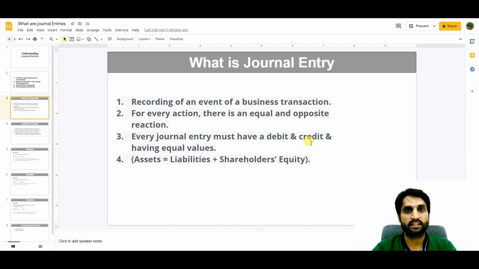One side of the transaction goes on debit and one on credit, and both should have equal values. There is also the accounting equation which we need to consider: assets equal liabilities plus shareholder equity. This equation should balance when we pass a journal entry.